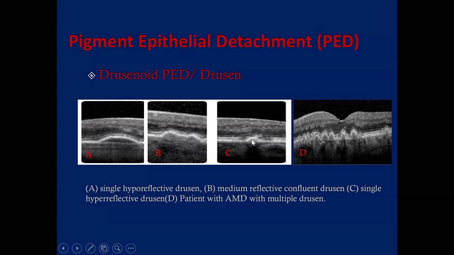Or you might have a single hyperreflective drusenoid material under the RPE, or a patient might have this undulation, different types of elevation, different levels of pigment epithelial detachment, called multiple drusen. In such a patient, you will not find fluid. There is no activity showing a kind of CNV. So such a patient is having drusen, which needs follow-up.